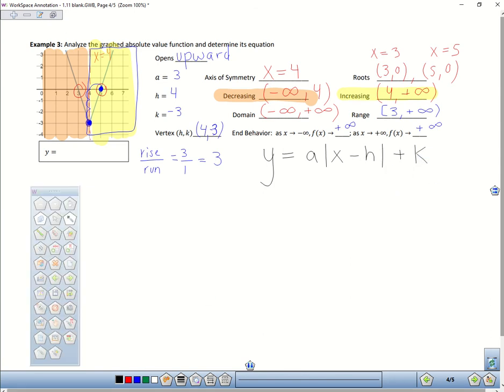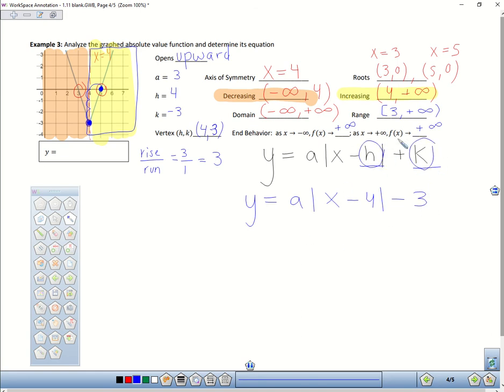And the first thing you're going to do is you're going to plug in for h and k. So that's going to be y equals a times absolute value of x minus 4 minus 3. So I plugged in for h and I plugged in for k.